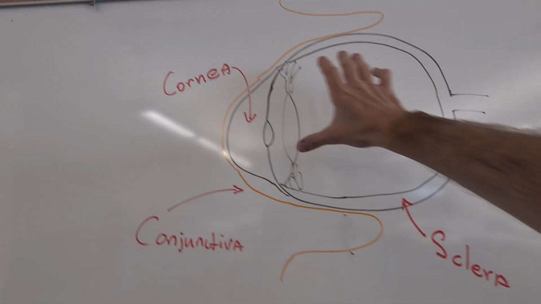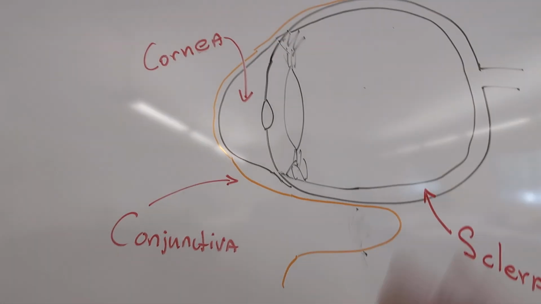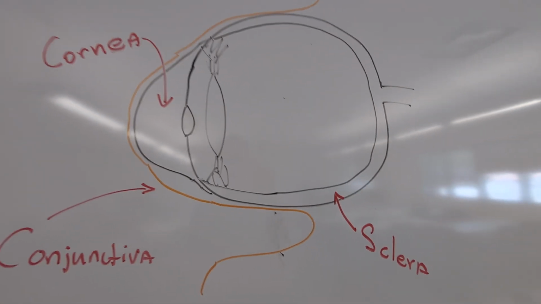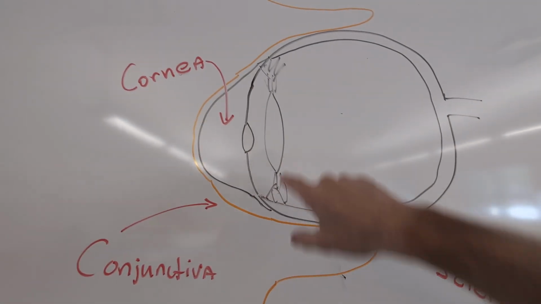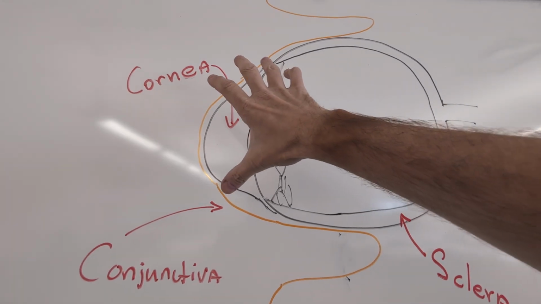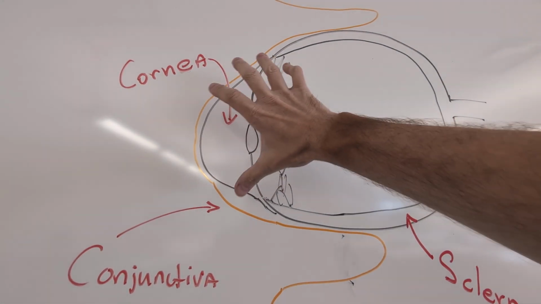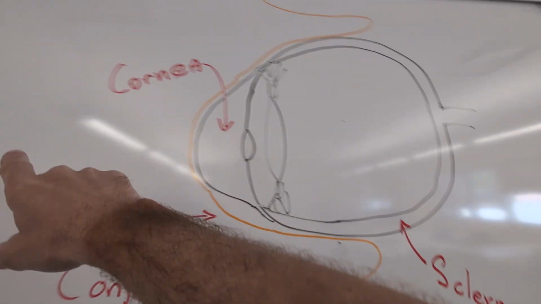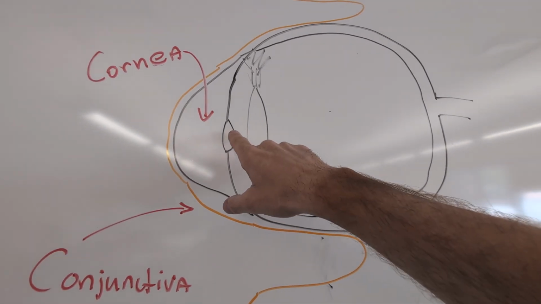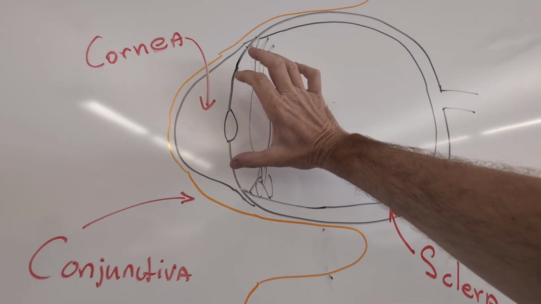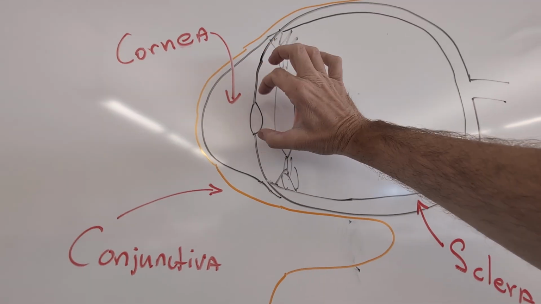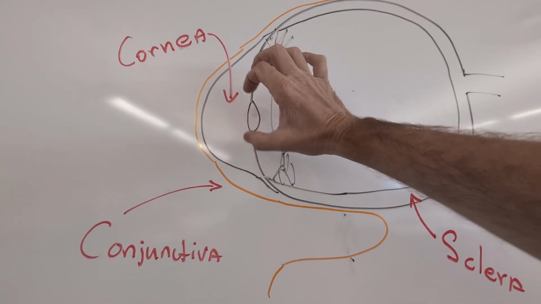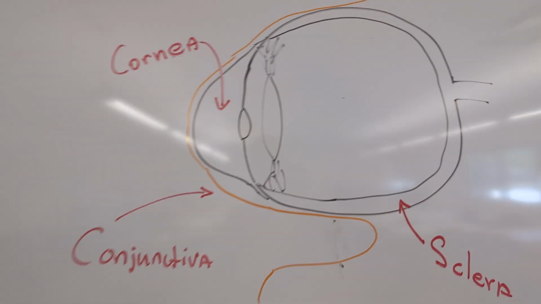And then on the outer part, where the eye interfaces with the external environment, you have this clear wedge-shaped structure that sits on top of the eye, and that is what the light goes through, and it enters this little hole here. You've got some muscle, the iris, that contracts and relaxes, and that's what creates the pupil.